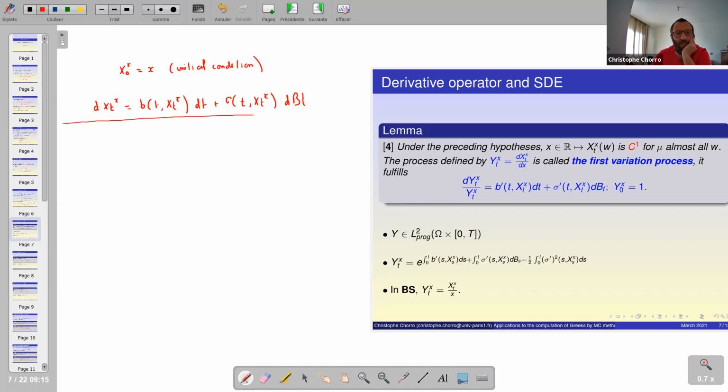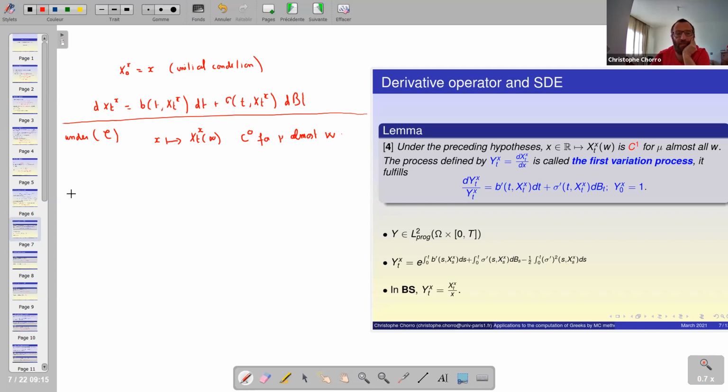Something that I have already said is that under the condition C, I have reminded you that this mapping is continuous for mu almost W. So I have the continuity of my solution at time t with respect to the initial condition under the classical conditions, ensuring the existence and the uniqueness of a solution to my stochastic differential equation.